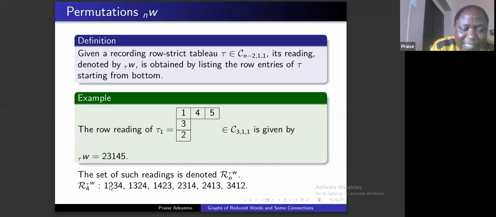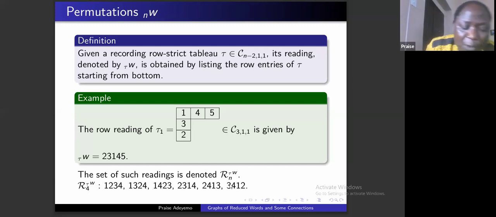But you might say, what about this? I'm going to get to that one later. But if you look at this, 1, 3, 2, 4; 1, 4, 2, 3; 2, 3, 1, 4; 2, 4, 1, 3; and 3, 4, 1, 2, we've discovered that everything that we have here has a unique descent at position 2.